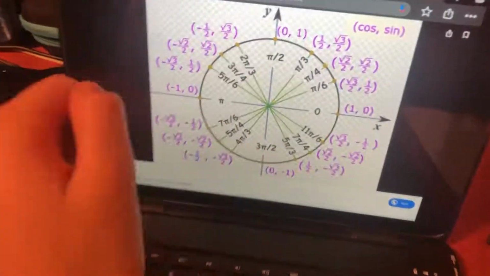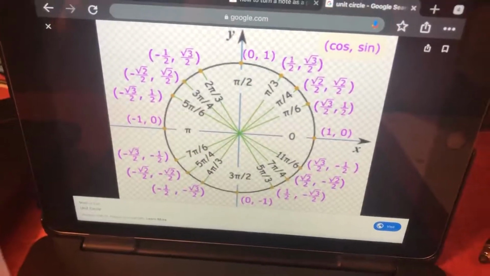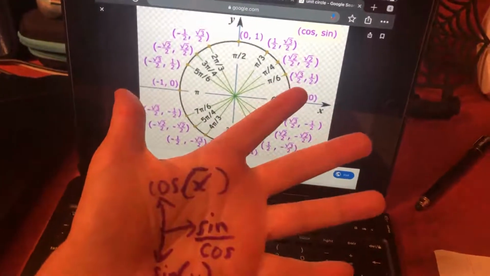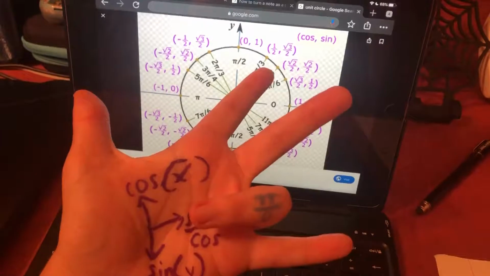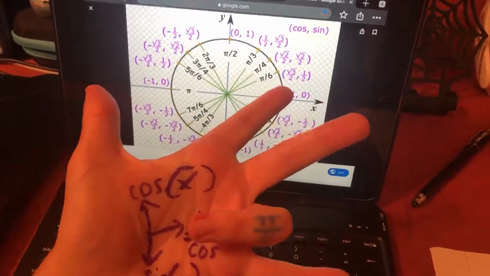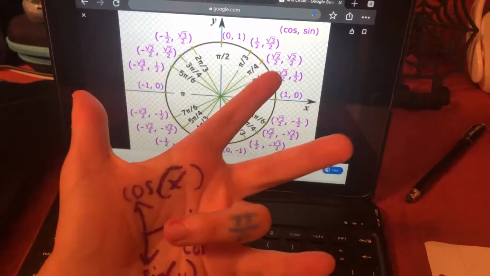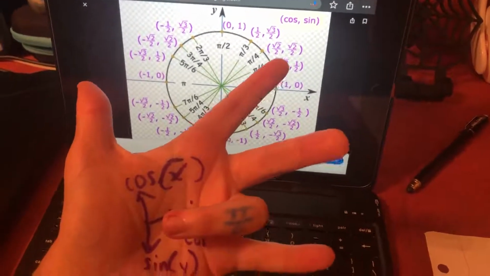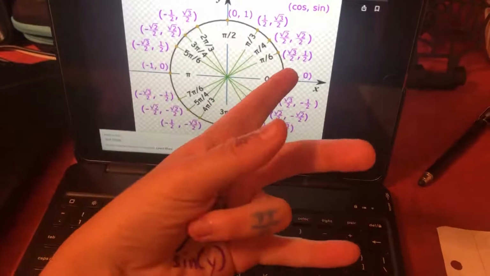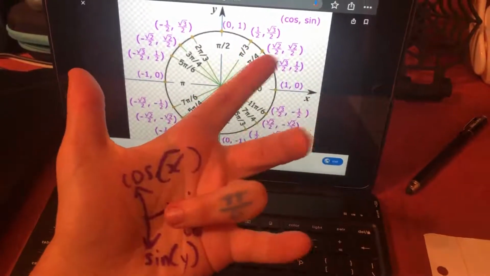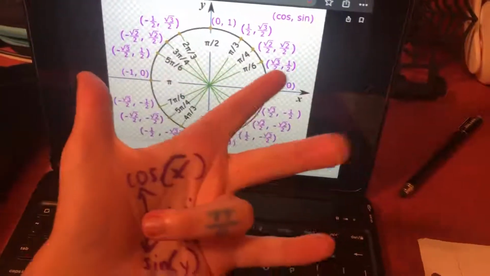Perfect. So if we wanted to take a look at pi over 6, I would simply move my finger and look, it's pi over 6. The top fingers are going to be 3. That seems pretty consistent. And the bottom finger is 1. Also seems pretty consistent.